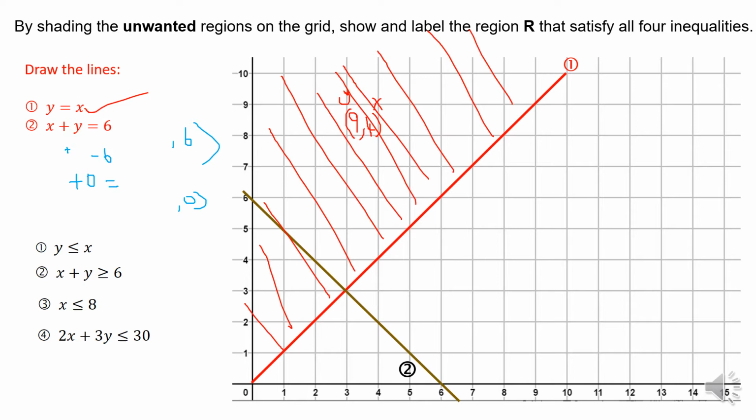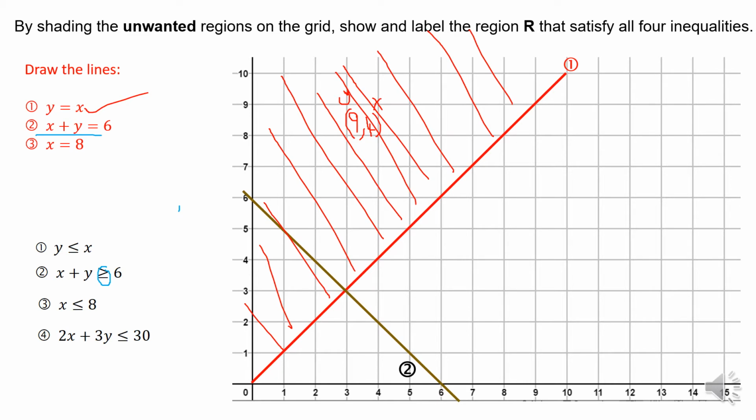Now I have done the second one. To do the third one, a little bit tricky, but the third one is straightforward. It's simply the line x equals 8. But before I continue, perhaps I should shade my unwanted region for the second equation, x plus y is bigger than or equal to 6.